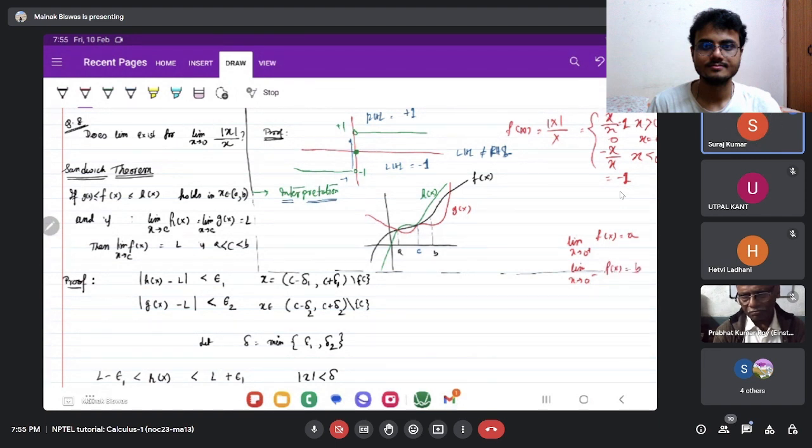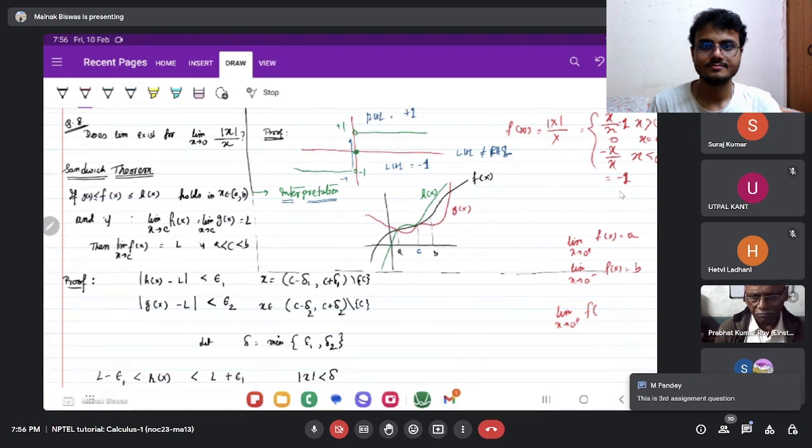So what is limit x tends to 0 plus f(x cube minus x) equal to? F of x cube minus x. This is the third assignment question, right? Previous year, sir. So it's the third assignment question.